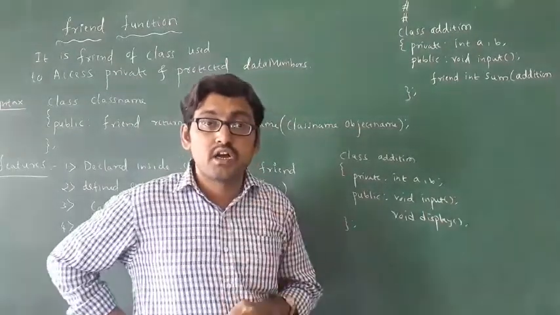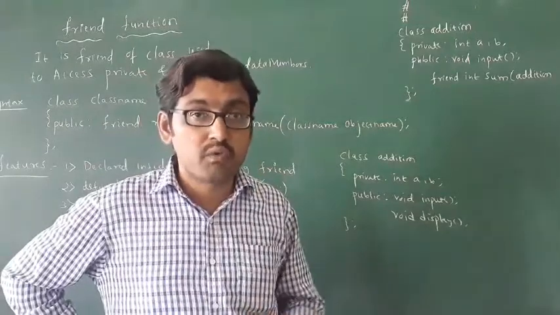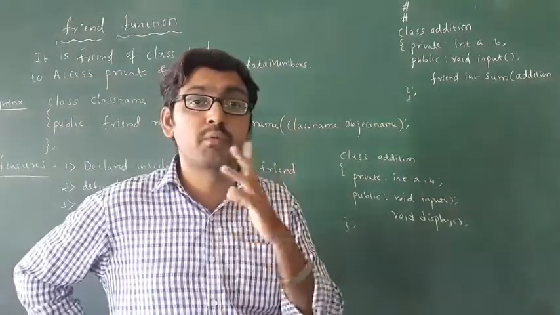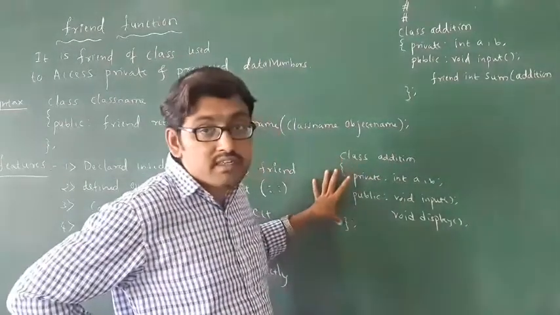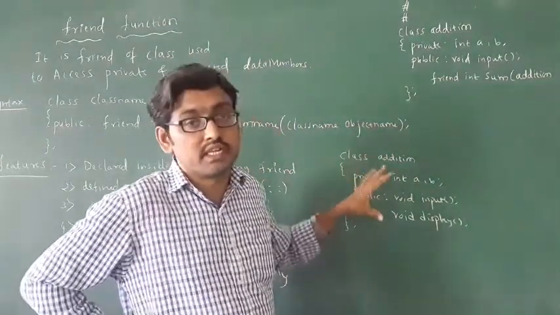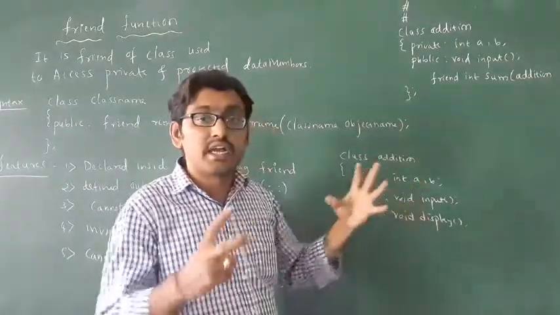By using the scope resolution operator. Why do we have to use it? Because these are in the class. This is an encapsulation technique, which means the data and the functions are hidden.